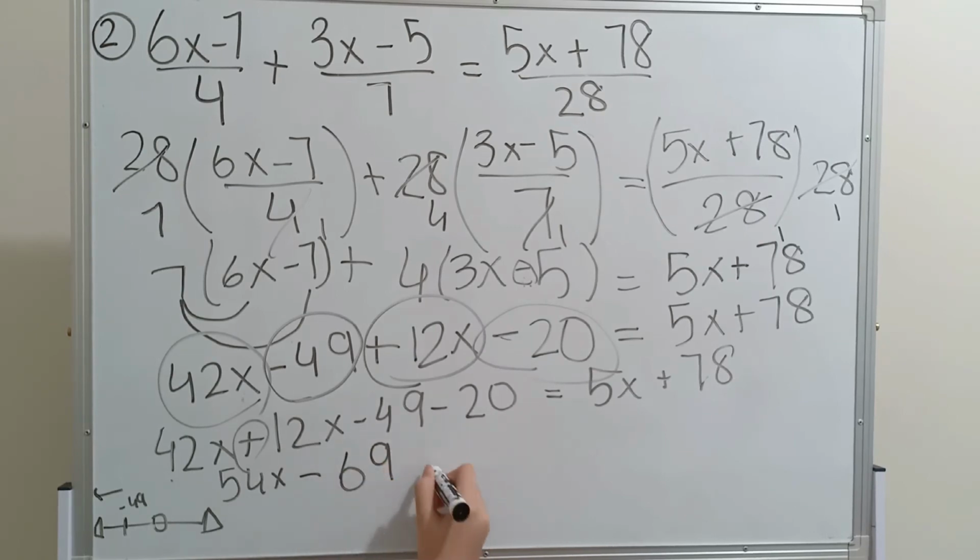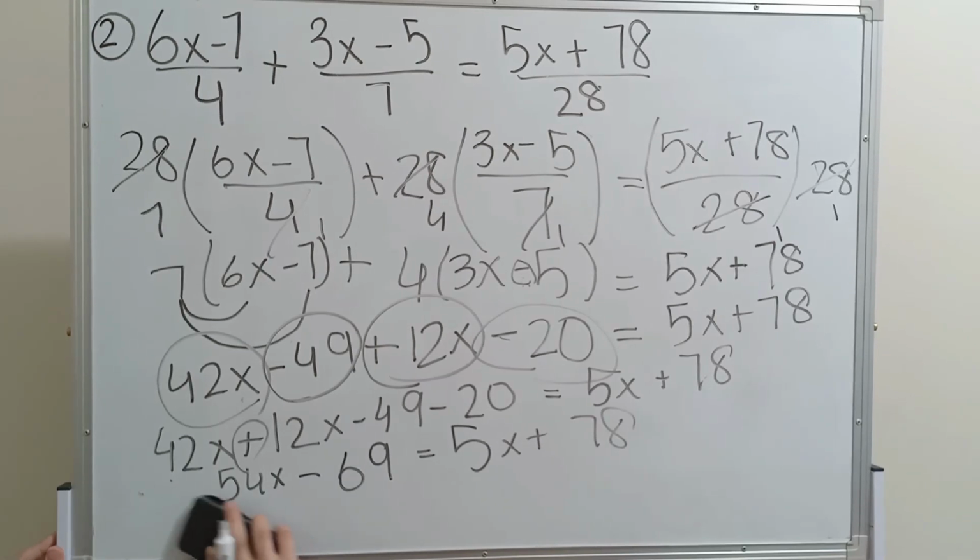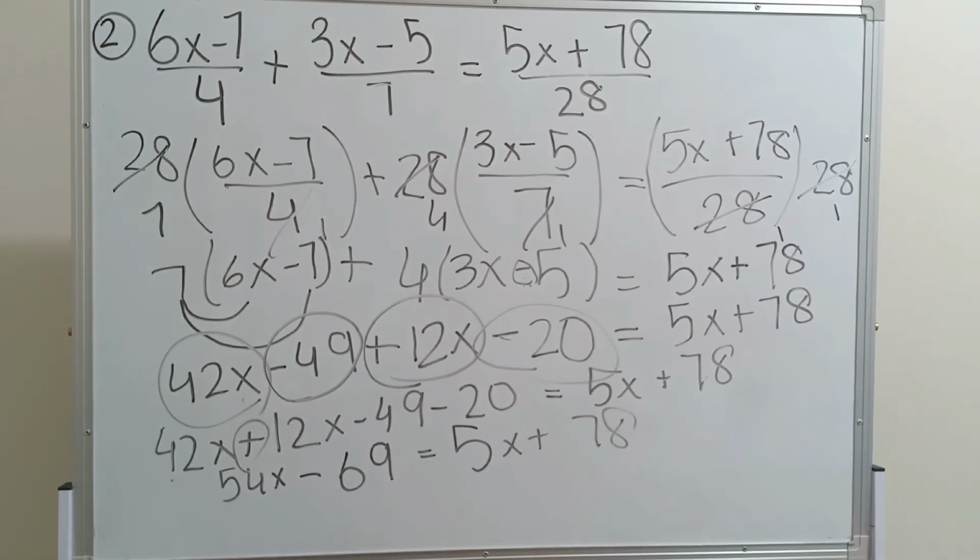Negative 69 is what we have. 5x plus 78. The other part of the equation that we have. Now let's erase the double model that we did. So what we're left with here is 54x subtract 69 equals 5x plus 78.